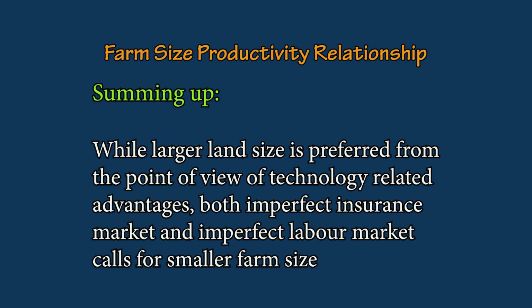While the larger land size is preferred from the point of view of technology related advantages, both the imperfect insurance market and the imperfect labor market call for smaller farm size. So, there is an ambiguity between the three effects. So, what will happen will ultimately become an empirical issue. At the empirical level, which effect dominates?